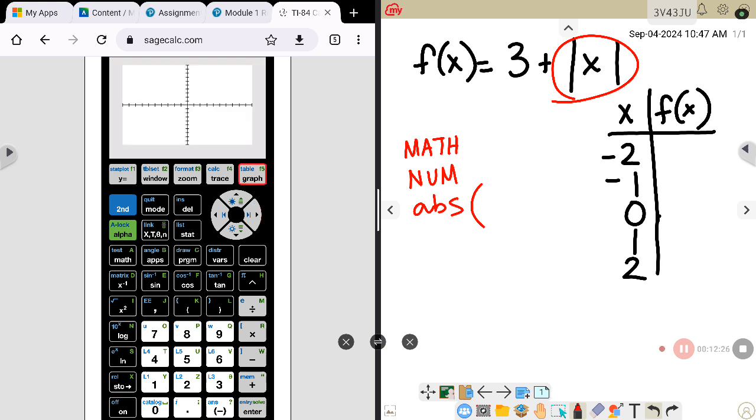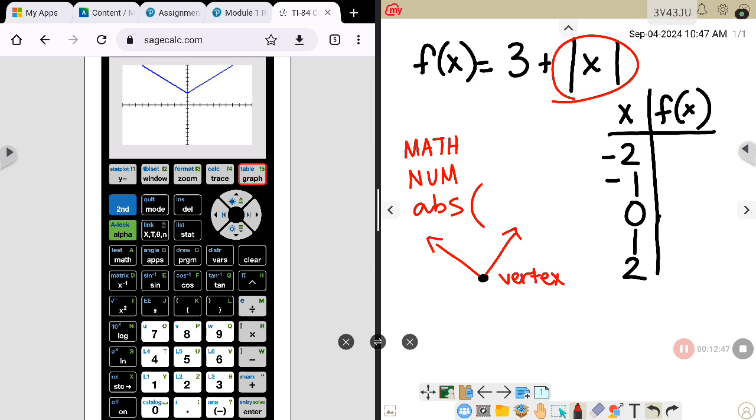So let's look at this graph. You'll notice that it is the V shape. When you are graphing the V shape in MathLab, you have to plot the vertex first. The vertex is the point where that V changes direction.